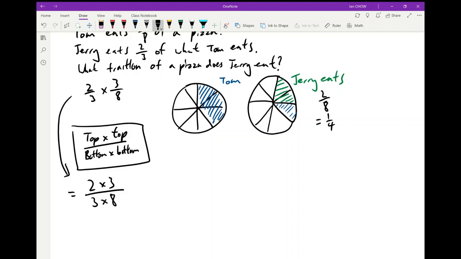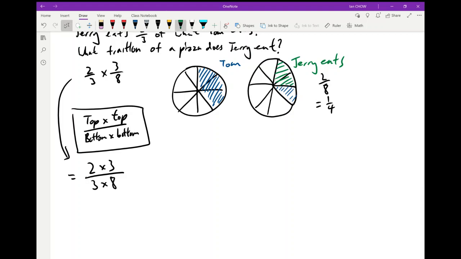You can also see that in this overall fraction, we have common terms that are multiples of each other, or we can simplify. For example, this 3 and this 3 can simplify, which means we can cross them out, because they multiply each other.